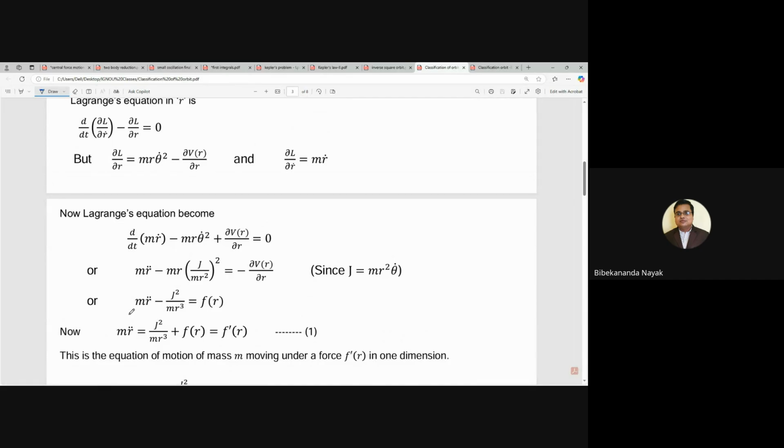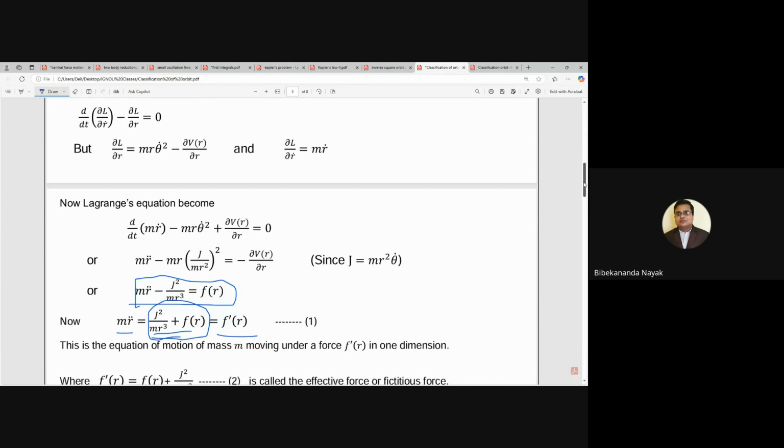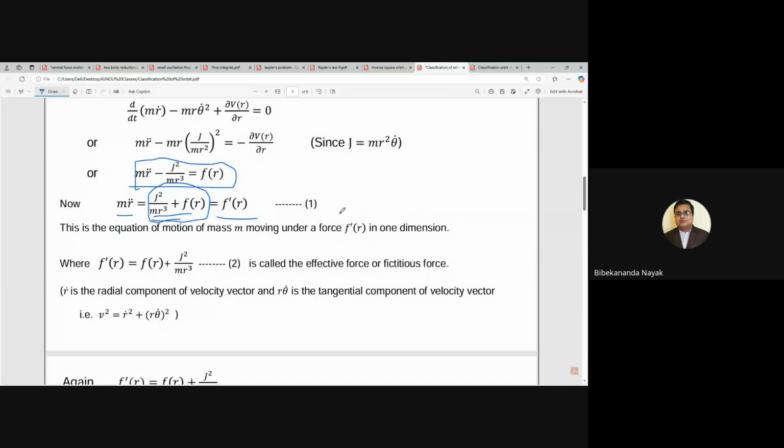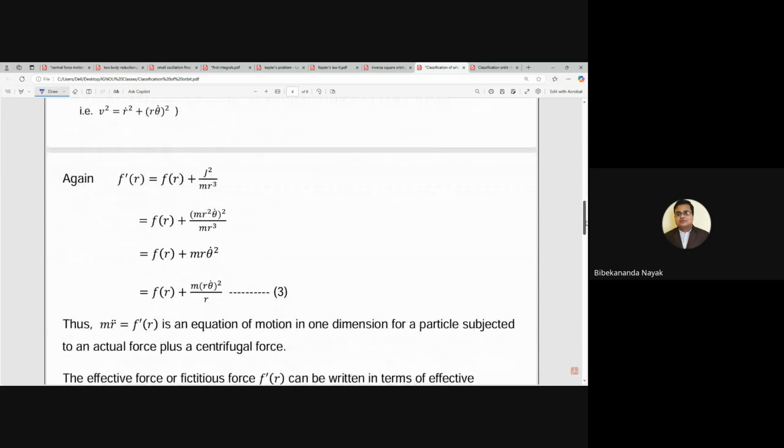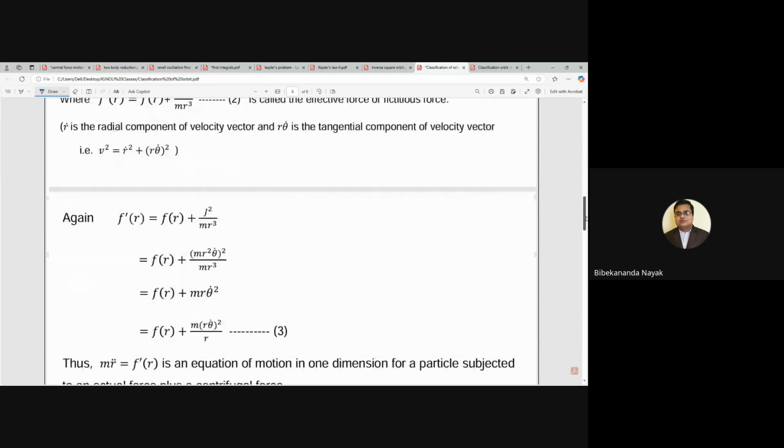So we got this equation m r double dot is equal to J square by m r cube plus f(r). We call this f prime(r), or effective force. We already know effective potential, and this is effective force. Effective force is equal to f(r) plus J square by m r cube. From that we can calculate effective potential.